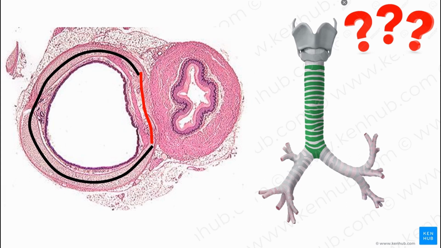This is the incomplete fibrous ring, and what connects the two ends of this incomplete ring is a smooth muscle called the trachealis muscle of the trachea. The presence of the esophagus posterior to the trachea is what proves that we need a trachealis muscle.